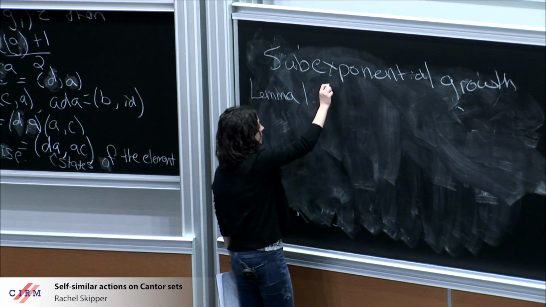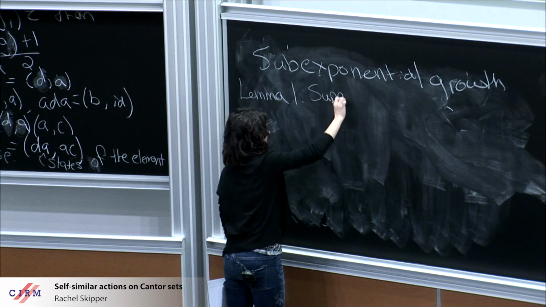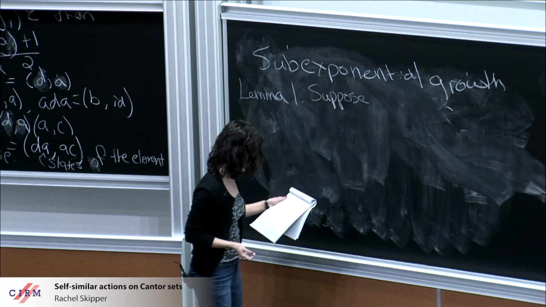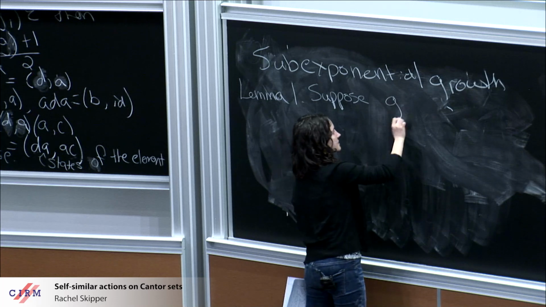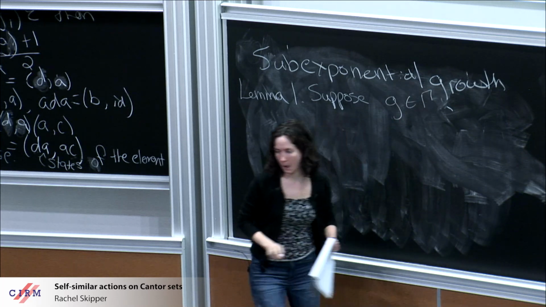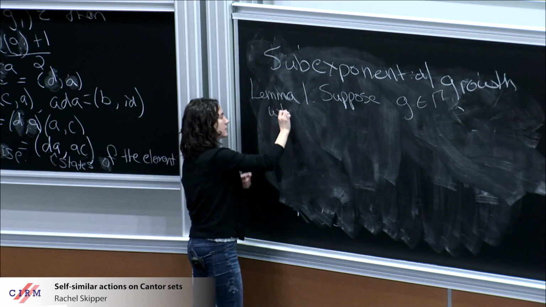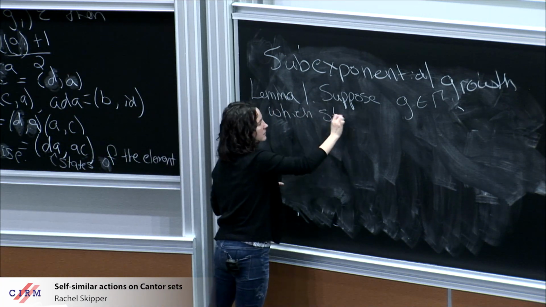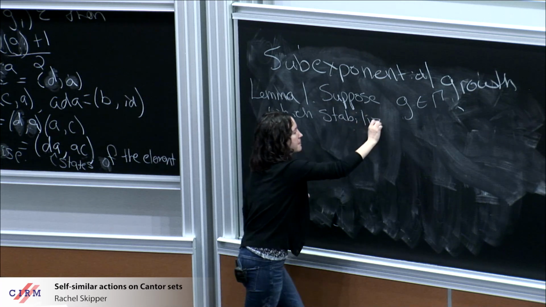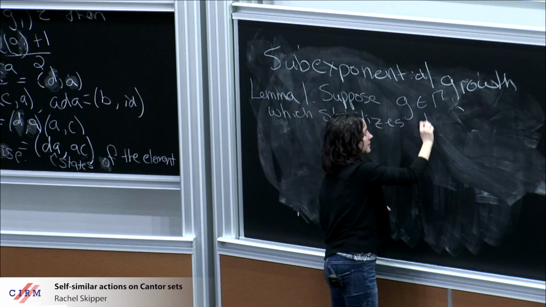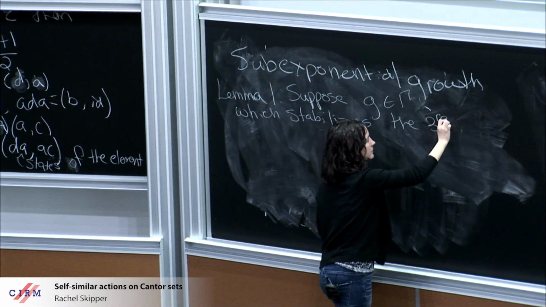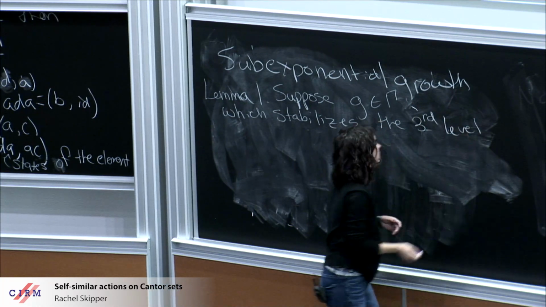This is something kind of specific to the Grigorchuk group. So suppose that we have some element in the Grigorchuk group which stabilizes pointwise the third level of the tree.